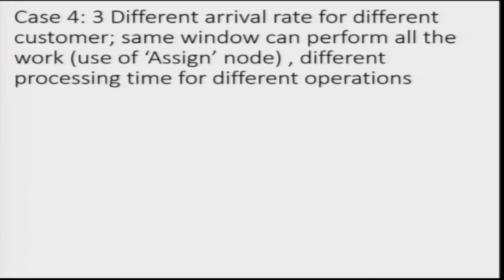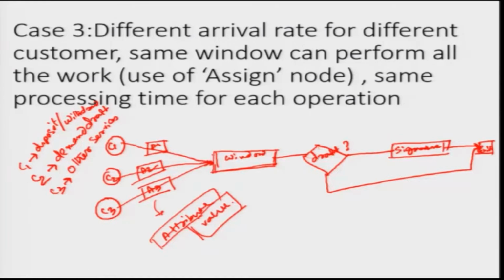Now, in the previous case also we discussed the assign node, but the problem with the previous case is that it is not very practical, because in the process window we assumed that all the processes require the same kind of time, whereas in practicality that is not the case. You go to the bank to get your work done, say money deposition, money withdrawal, or a demand draft, but the time cannot be the same for all these processes.